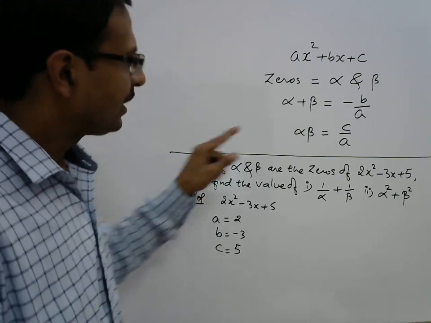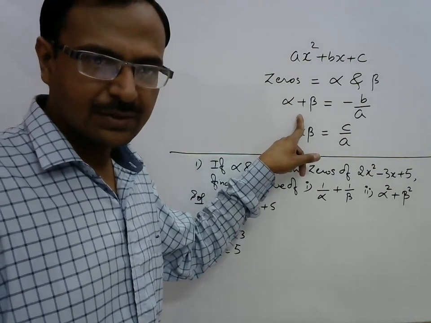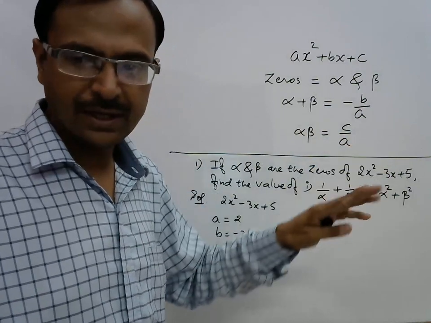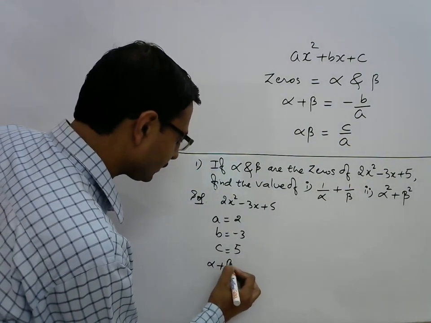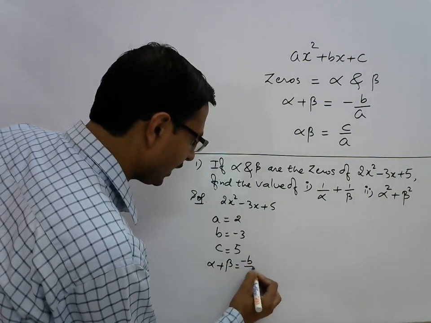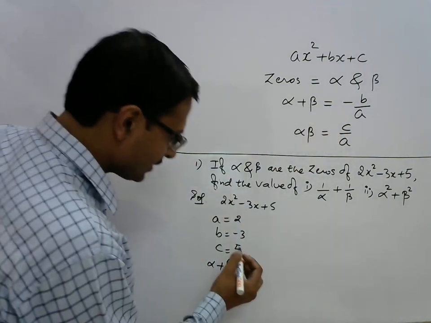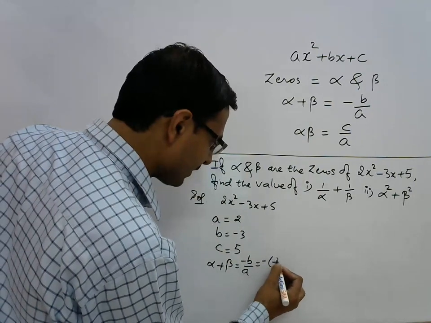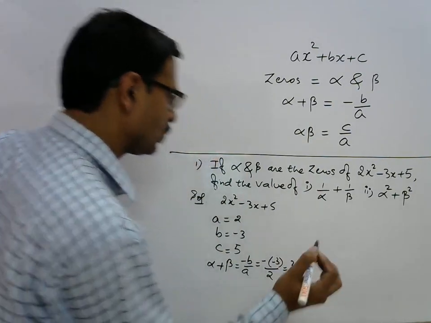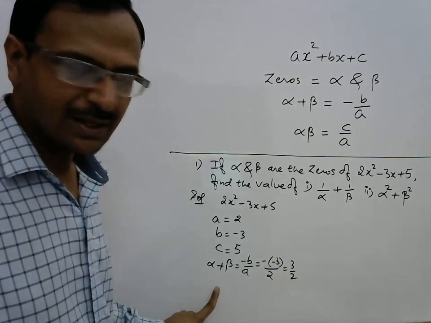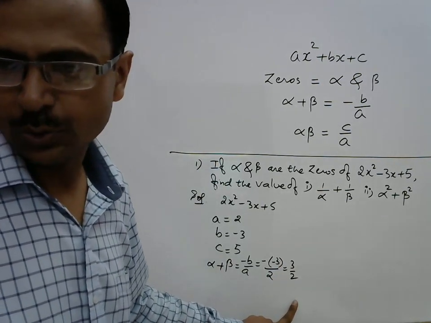Now since we have a relationship between the zeros and the coefficients, we can write the two relationships. See, alpha plus beta is denoted by minus b upon a. Here is the formula. And just put the values here. Minus b is minus 3 upon a is 2. So you get 3 upon 2. So you have got alpha plus beta as 3 upon 2.